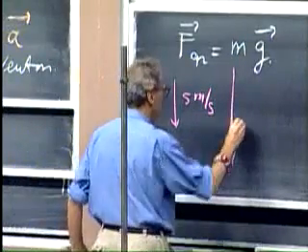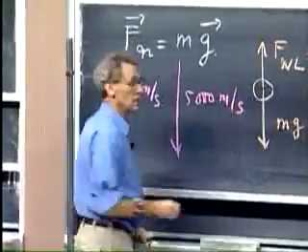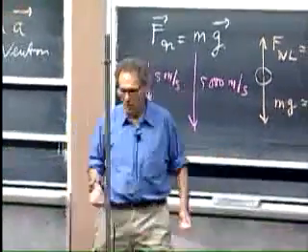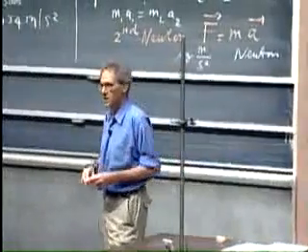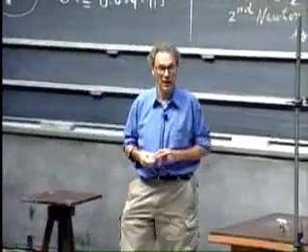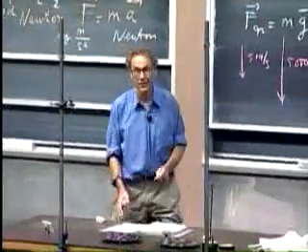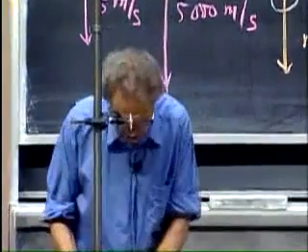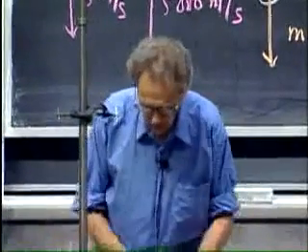If it would fall down with 5,000 meters per second, it would also hold. Will it always hold? No. Once your speed approaches the speed of light, then Newtonian mechanics no longer works. Then you have to use Einstein's theory of special relativity. So this is only valid as long as we have speeds that are substantially smaller, say, than the speed of light.